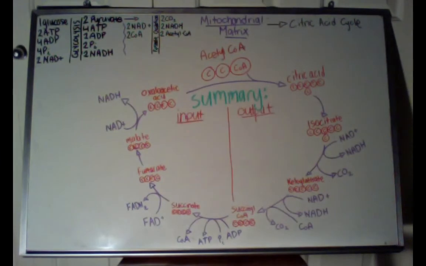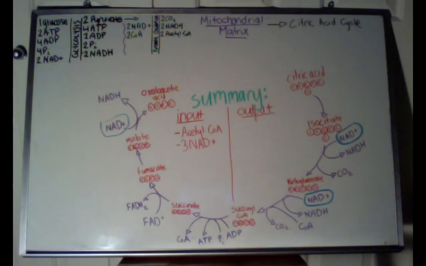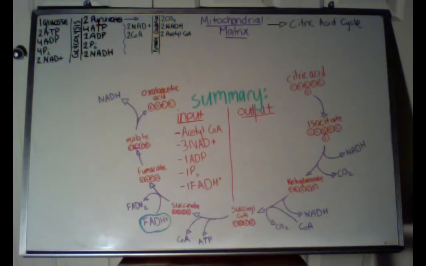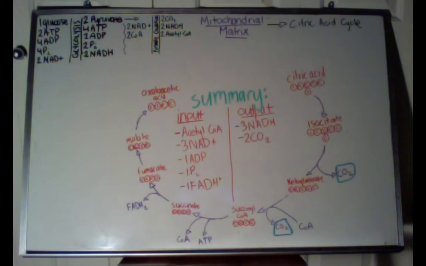In summary, we have on the input side, an acetyl-CoA, 3 NAD plus, and 1 ADP and inorganic phosphate, as well as an FAD plus. And our output, we have 3 NADHs, 2 CO2, or carbon dioxide, 1 ATP, and an FADH2.